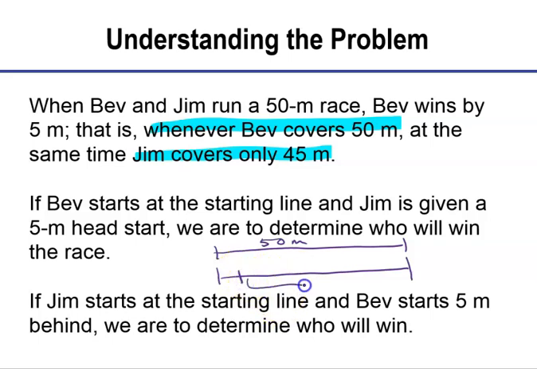So how far does he run? Well, he runs 45 meters. So whenever Bev covers 50 meters, Jim covers 45 only. So if they cover 50 and 45 in the same amount of time, guess what? These folks are going to finish at the same time. It's going to be a tie, right? That makes pretty good sense.